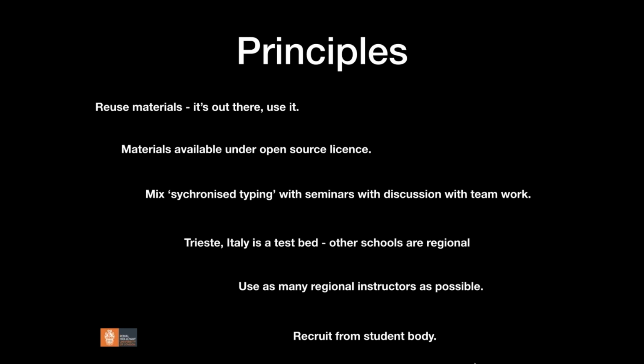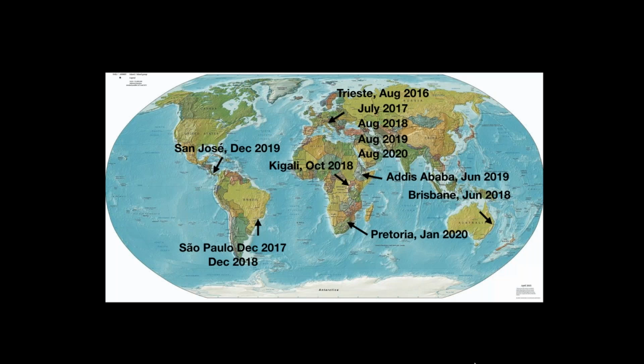So here's a quick map of the various locations where we have run this and where we will run. Trieste is our main location, and we've consistently run that every year since 2016. We've now run 3 events in Africa, in Kigali, Addis Ababa, and Pretoria.